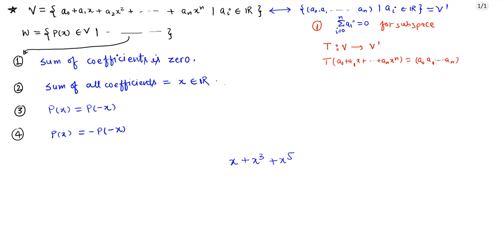ये और polynomial है. और first thing, zero, odd or even. First we need to check for subspace whether zero exists or not. Identity. Zero polynomial is even or odd.